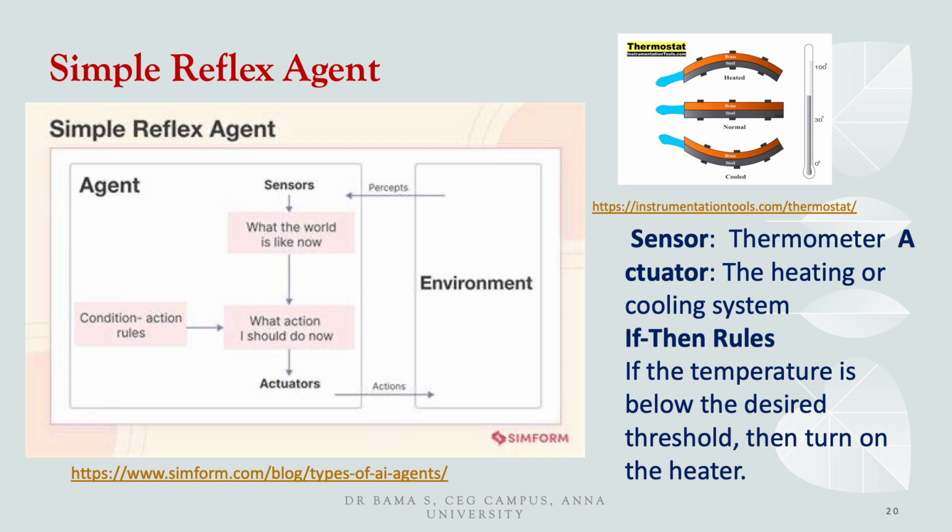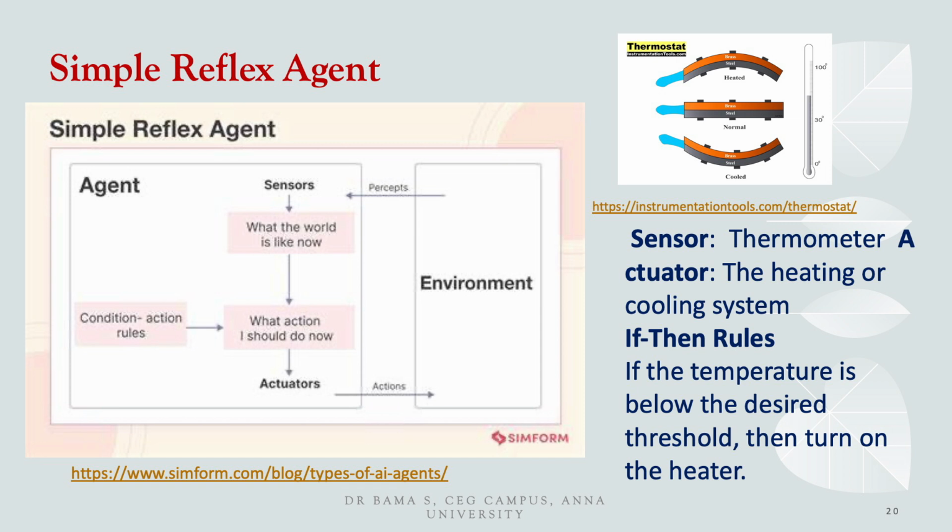Here the example we can take is the common thermostat. The function of the thermostat is, suppose the temperature is less than 5 degrees centigrade, then switch on the heater. If the temperature is more than 30 or 35 degrees centigrade, switch on the air conditioner.